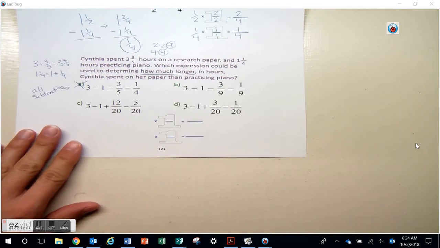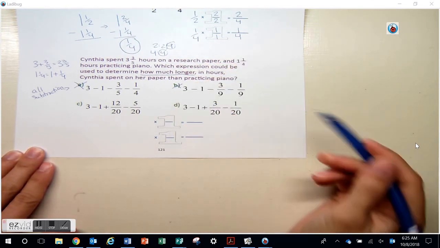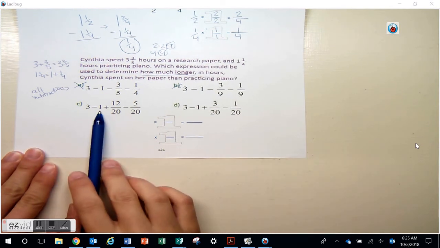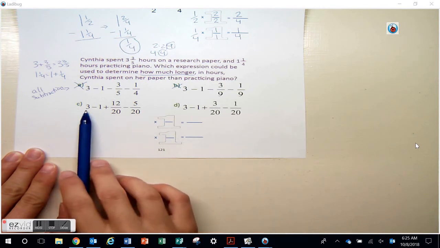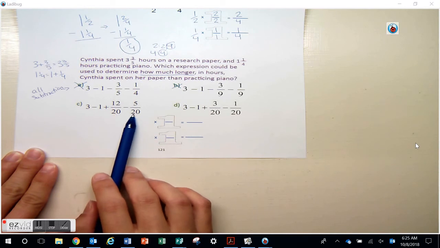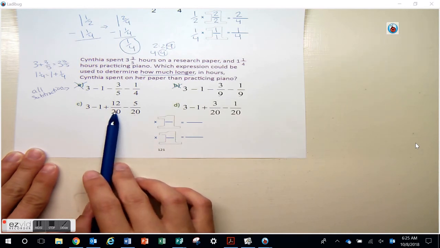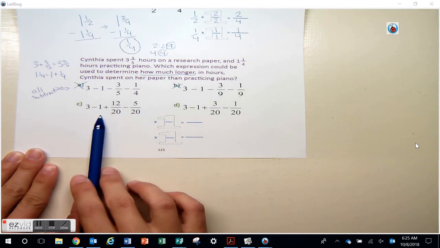Let's look at this one. Can't be B because it's all subtraction. So then I know it's either C or D because I subtract the whole numbers and I subtract the fraction pieces and add them together. Now there's no parentheses here to tell me that I do this part before I add them, which is just fine.